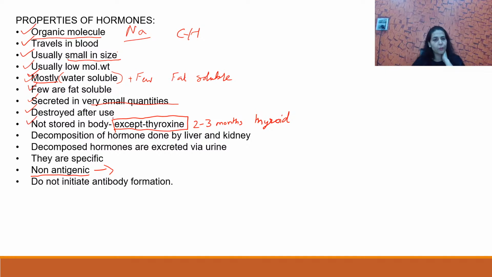They are not stored in the body except thyroxine. They are decomposed by liver and kidney. The decomposed hormone is excreted via urine. They are highly specific and they are non-antigenic. They do not initiate any antibody formation. I hope everything is clear to you. Shall we move ahead? Any doubt, please write it down in your chat box.